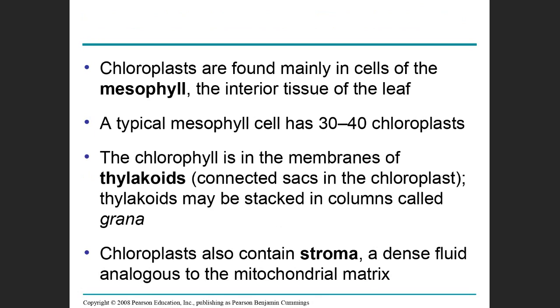Chloroplasts are found mainly in the cells of the mesophyll, so the interior tissue of a leaf. Remember, we talked about how the leaf structure related to its function, because leaves were thin, but they were wide, so they could capture a lot of that solar energy.